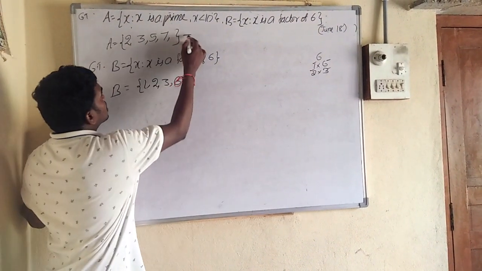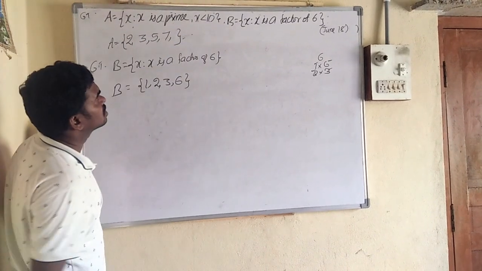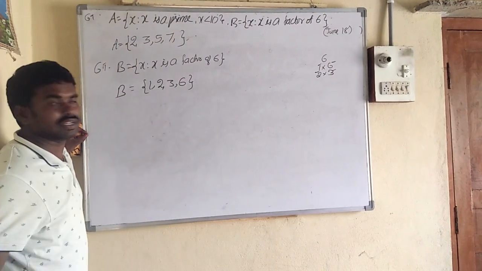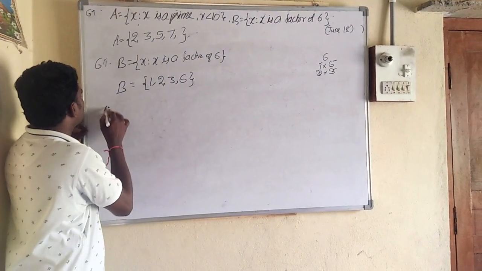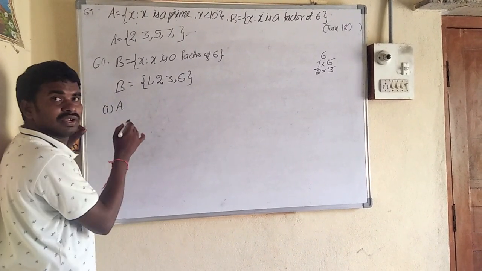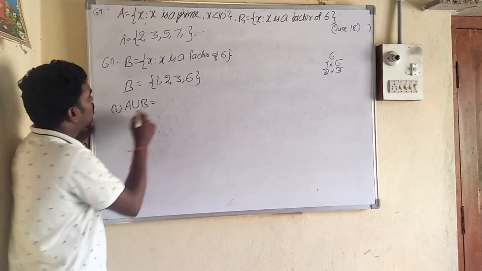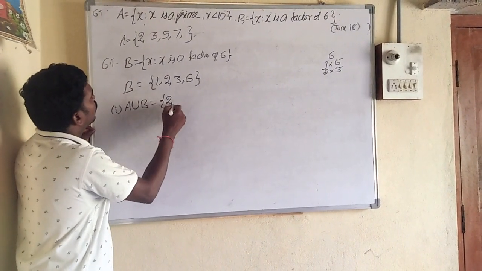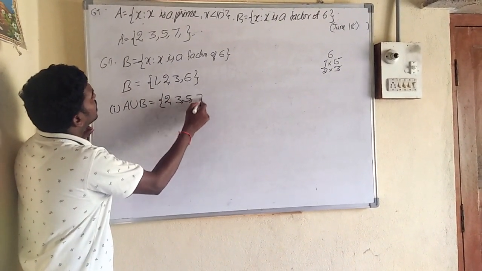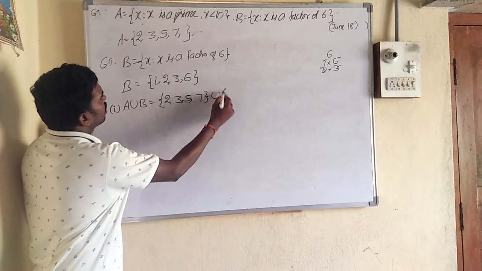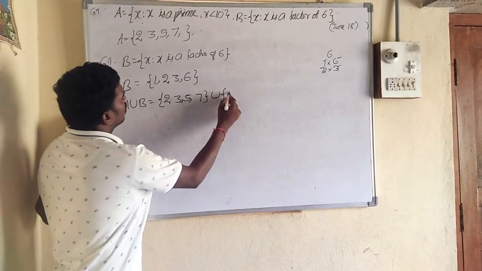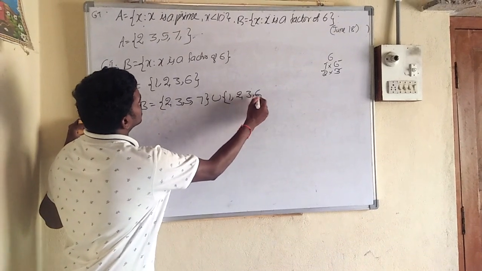No need to write set elements, this is the set B. So what we have to find? First one, A union B. A means 2, 3, 5, 7, union B. B means 1, 2, 3, 6.